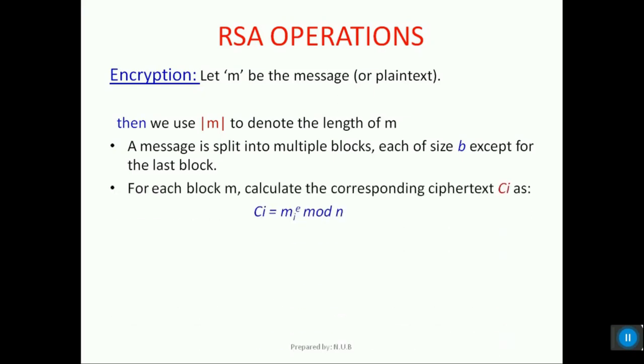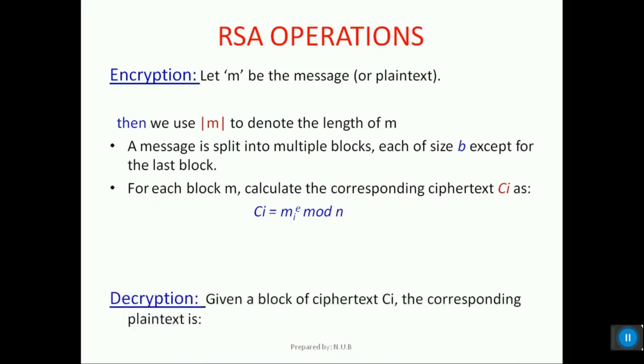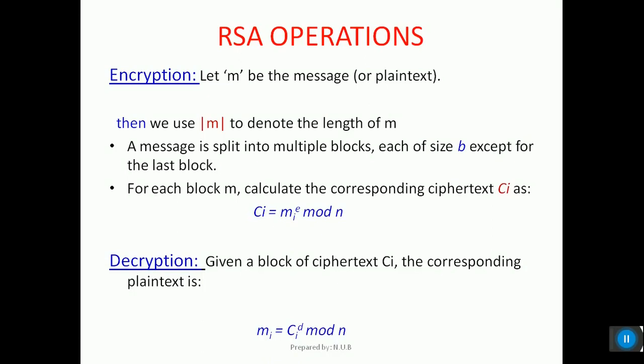Now we can do the encryption as ciphertext Ci is equal to mi to the power e mod n, and we can do the reverse of this, the decryption process, as message is equal to ciphertext to the power d mod n.